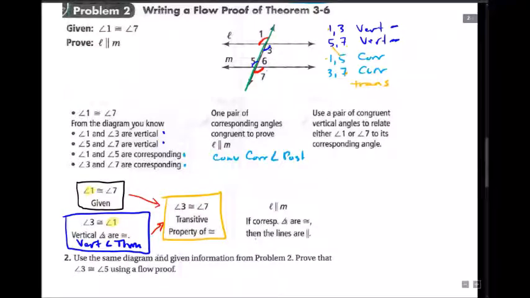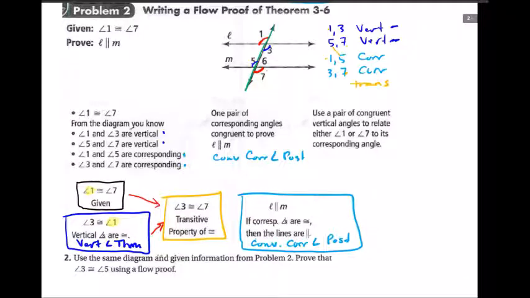And then once we have angle 3 and angle 7, we just use our converse of the corresponding angles postulate, because now we have corresponding angles, to say that those are congruent.